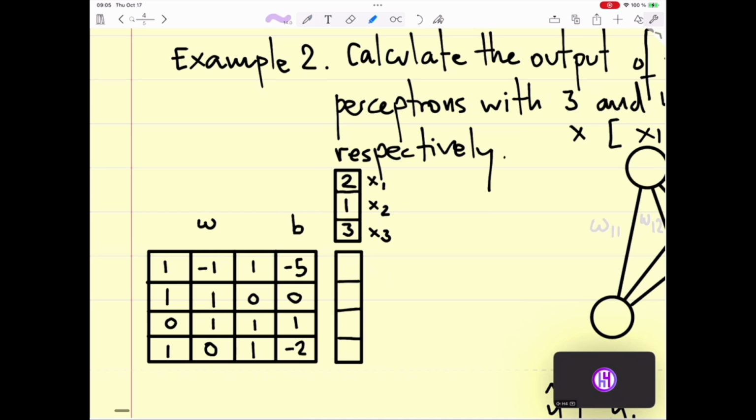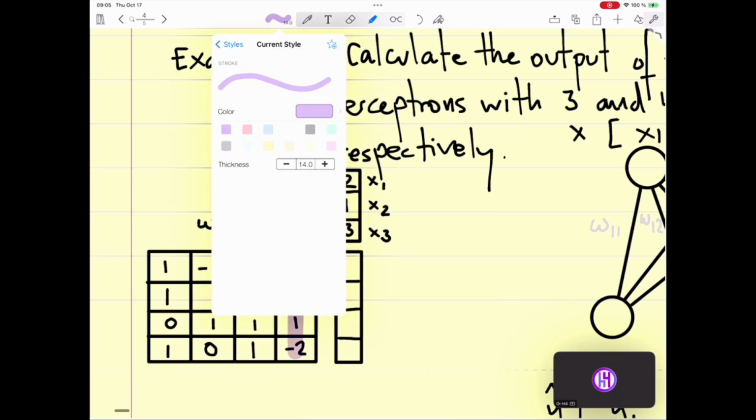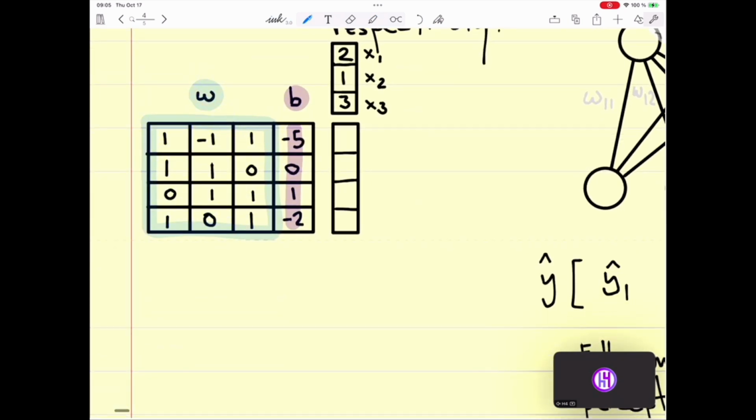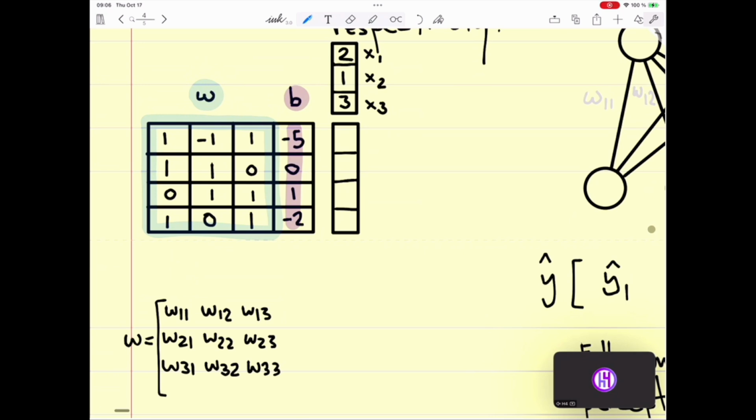Okay. So this is the bias, and these are the matrix elements, being the matrix weight 1 1, weight 1 2, weight 1 3, weight 2 1, weight 2 2, weight 2 3, weight 3 1, weight 3 2, weight 3 3, and weight 4 1, 4 2, 4 3.